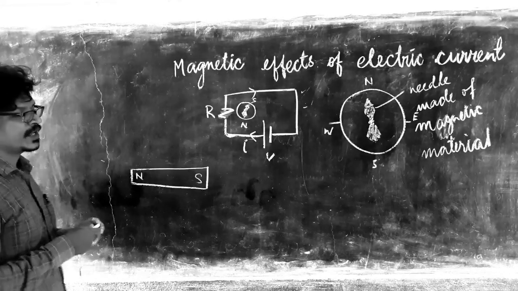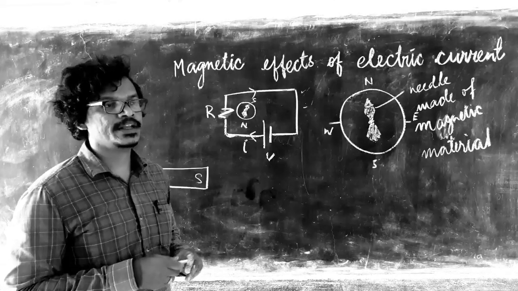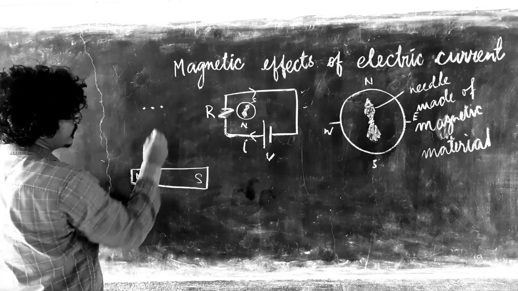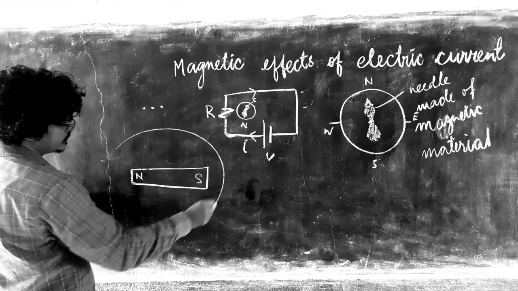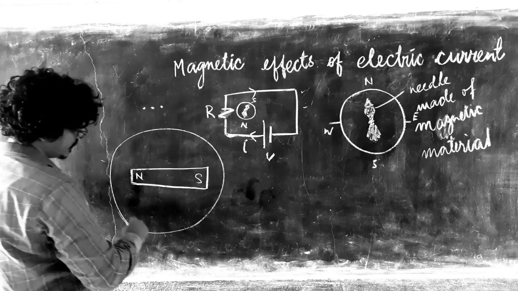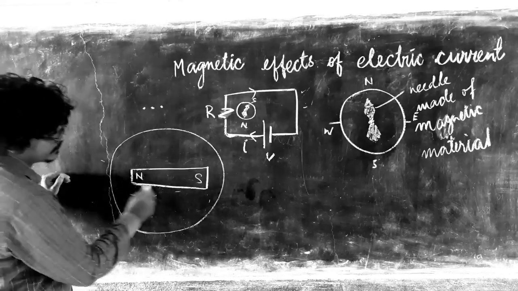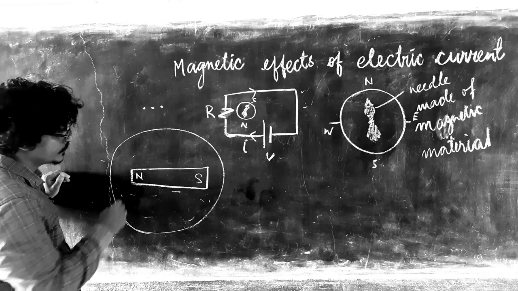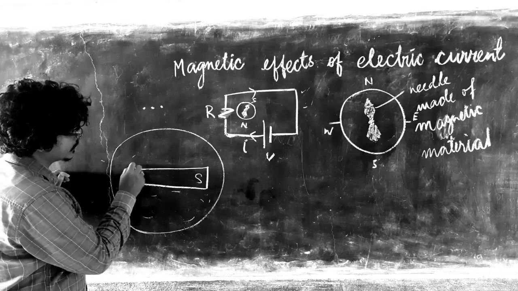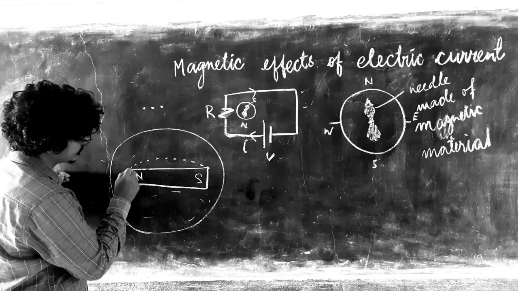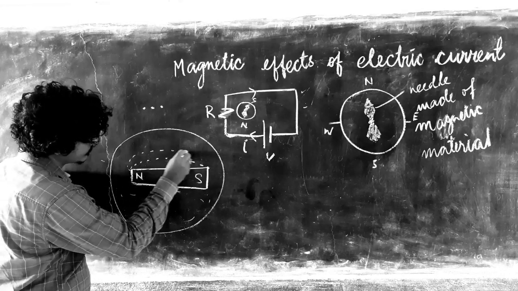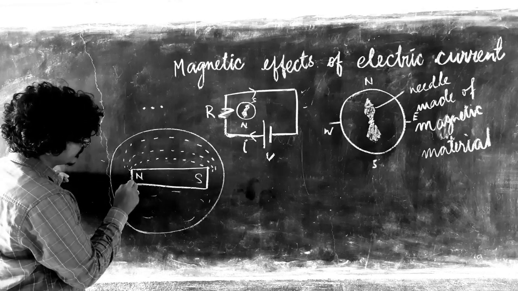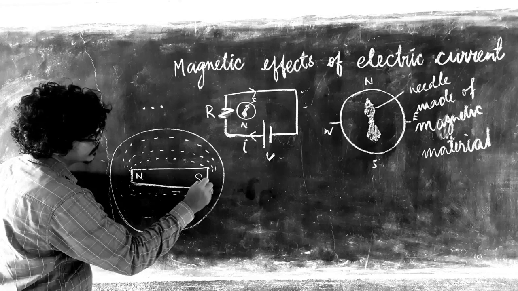Now place very small pieces of iron near this magnetic bar, everywhere around it. After some time, you will see that these iron pieces get aligned in a particular manner, something like this.